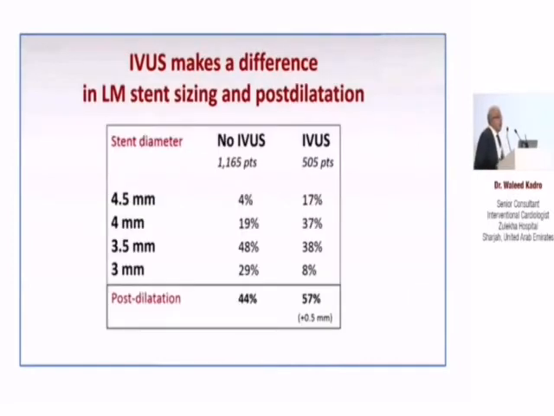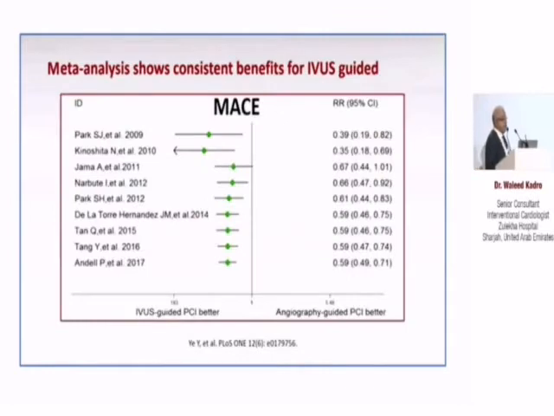So also, IVUS helps us in making further decisions. If we use IVUS, we'll get better sizing, and in most of the cases when we use IVUS, we decided to use a better stent and decided to do more post-dilation. So IVUS gives a better idea for the assessment of the size of the stent and doing further intervention or further manipulation to improve the result.